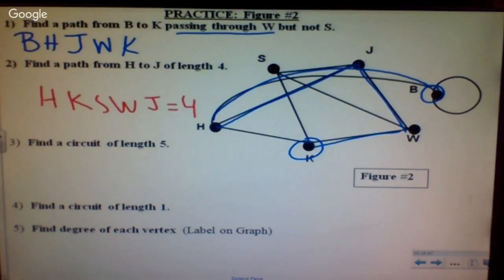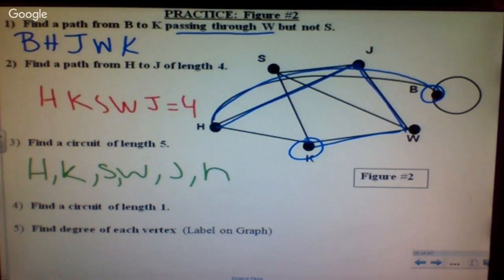Did anybody have anything different? I put W in as... That's fine too. That works as well. That's exactly what I have.